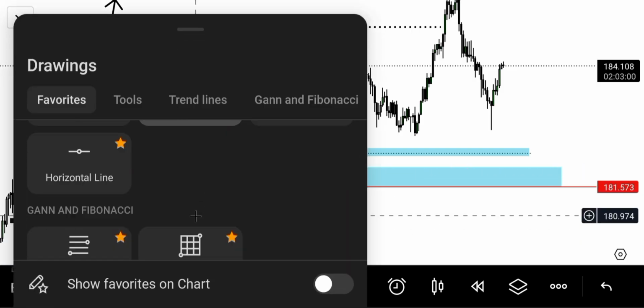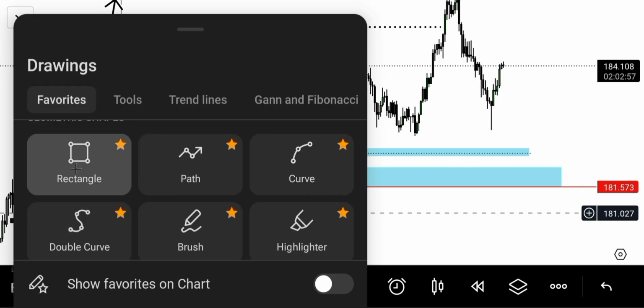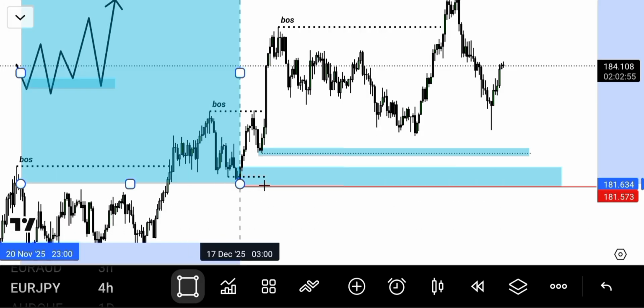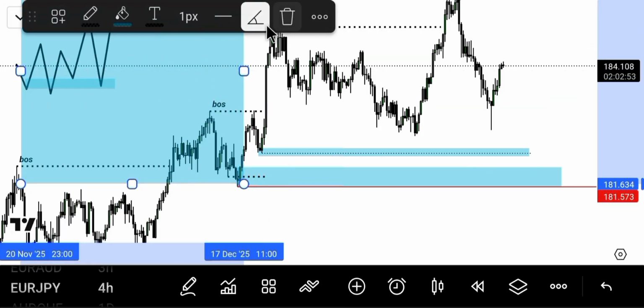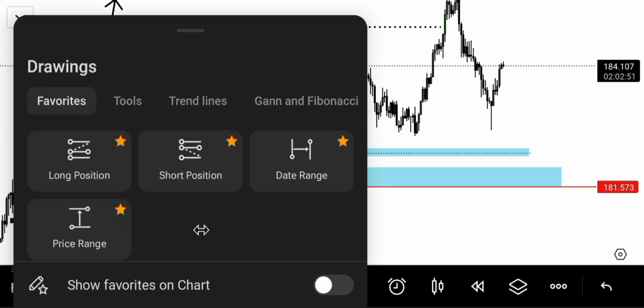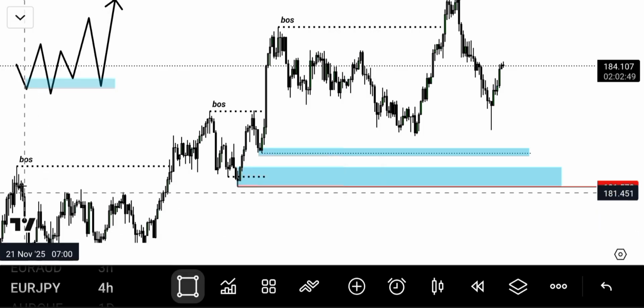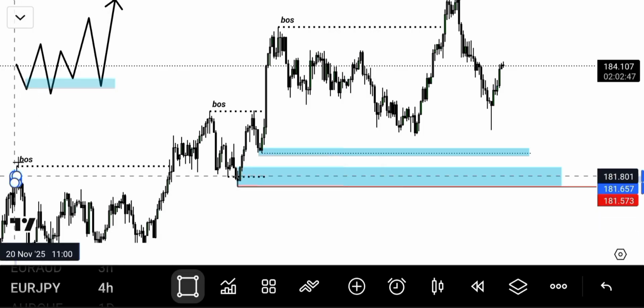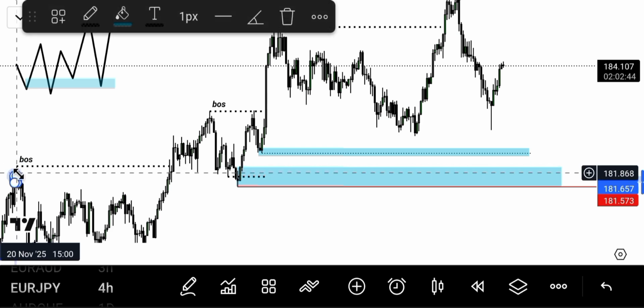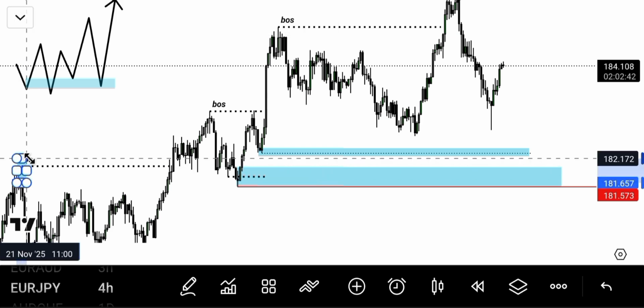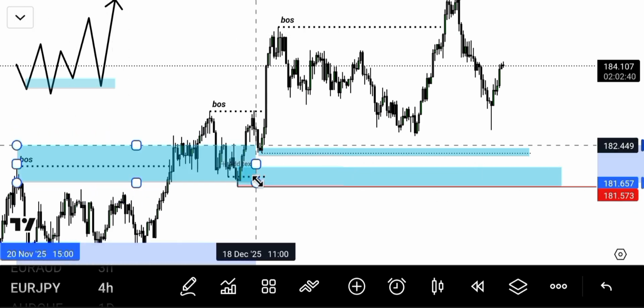So it did two things. That zone we're looking to buy from is the one that swept liquidity and tapped into another block. In this case, the key level is a breaker block, as you can see here.